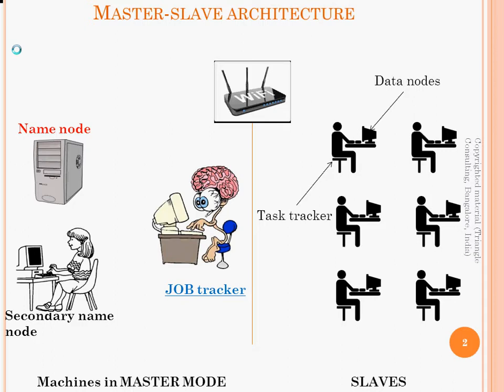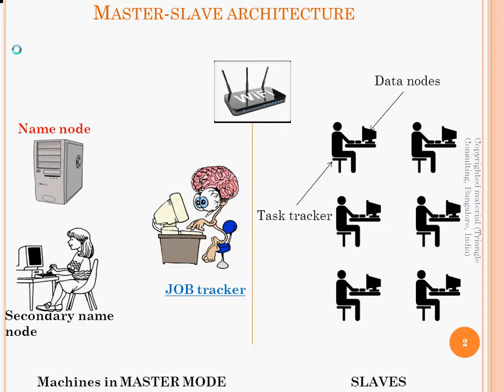The name node, the secondary name node, and job tracker are like servers with some kind of software configurations and software installed in them. These 3 nodes run in master mode. Each one of them is a separate server, a hardware machine with some software installed on it for some specific purpose, which we shall discuss as we go forward.